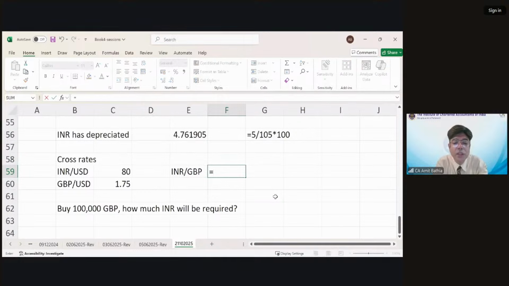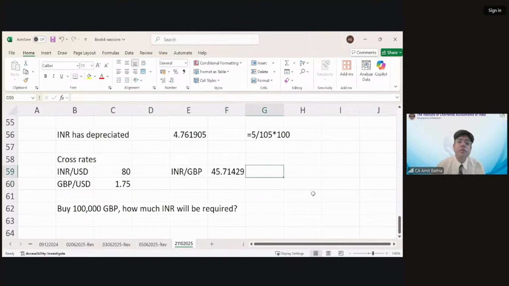Are you with me? That means the rate is 45.71429. What we did was 80 upon 1.75.